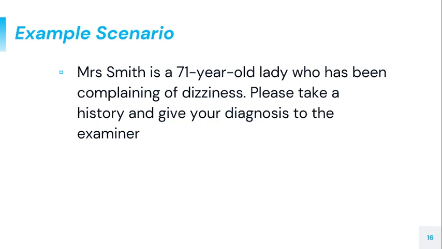And then the second thing you need to do quickly is also think of the possible differentials. You cannot do all this in 1 minute if you haven't been practicing. So what are the possible differentials in a 71-year-old female with dizziness? At 71, they are already getting into old age, so they probably have a bunch of medications.